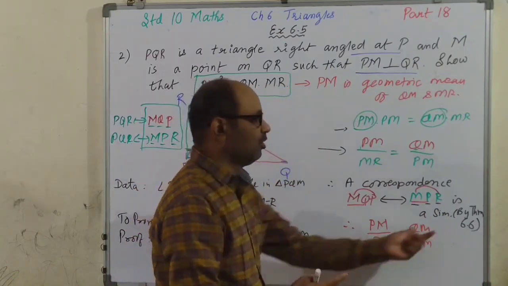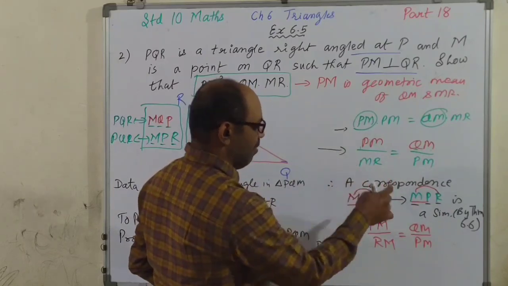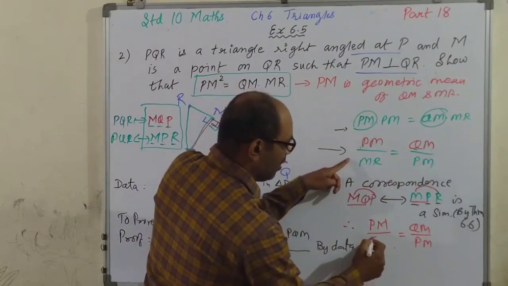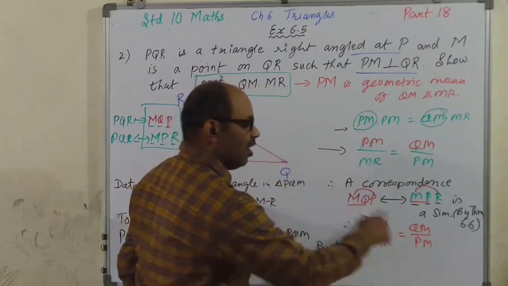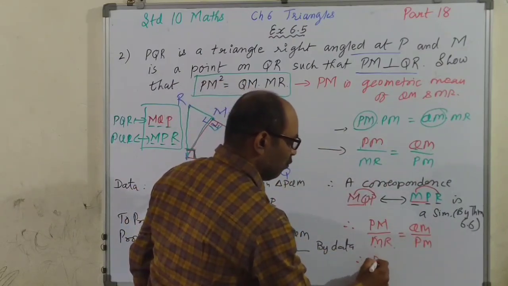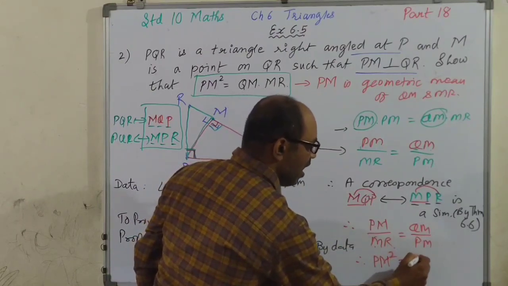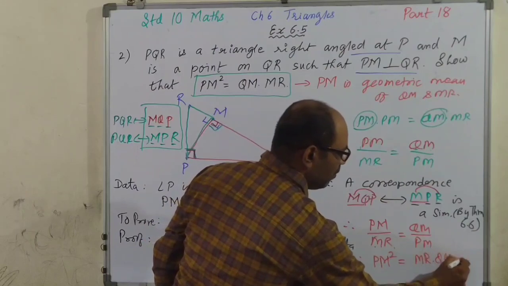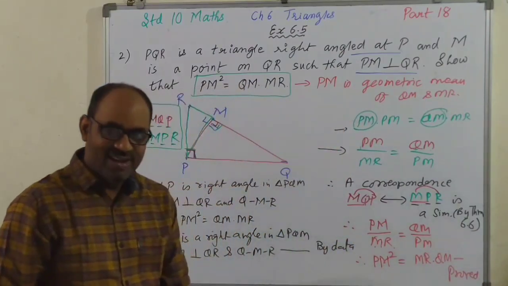We get three ratios, but I want only these two ratios. PM upon MR, and QM, that's okay. Cross multiplication, therefore PM square, PM into PM, is equal to MR into QM. Proved. Okay, done.